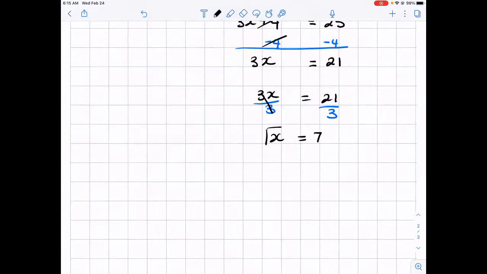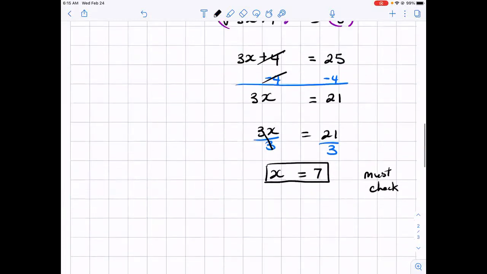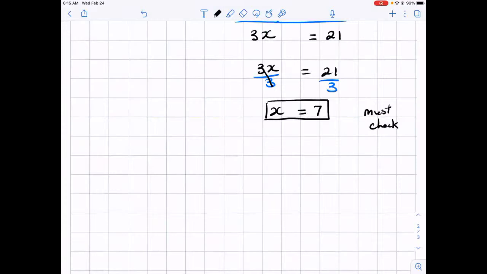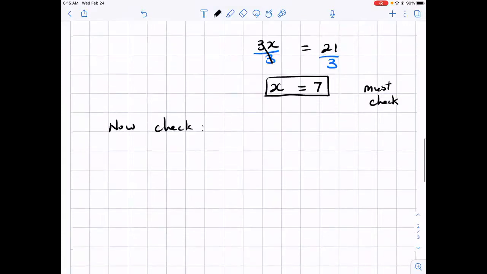Don't forget, we have to check. You must check, because you squared. This could possibly be an extraneous solution. So let's check: is x equals 7 true?